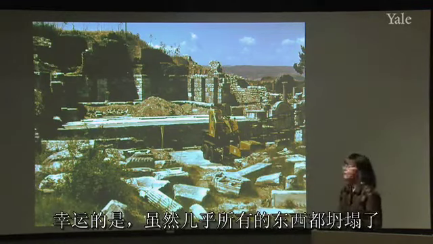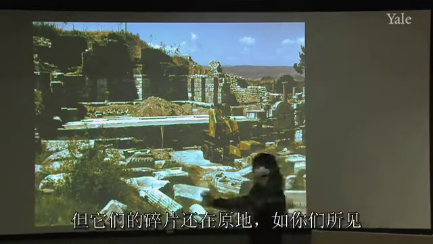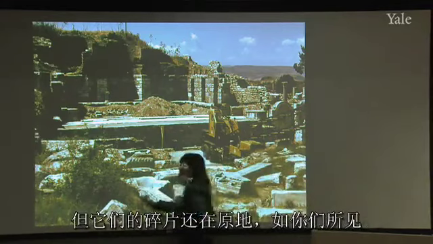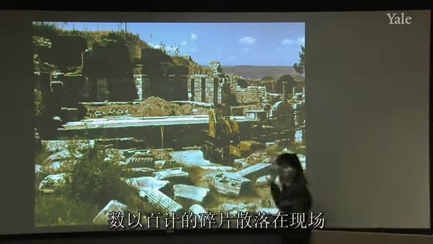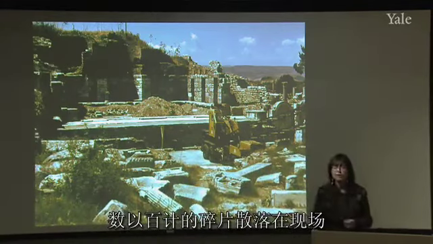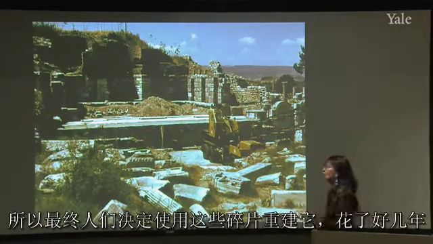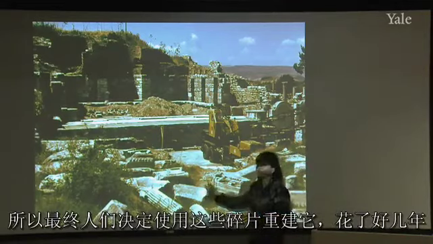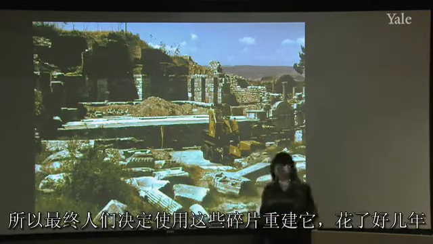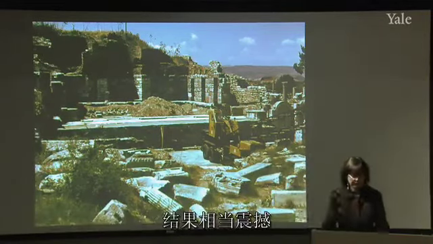But fortunately, even though everything had fallen down, it was all there. As you can see, there were hundreds and hundreds of fragments strewn around the site, and enough fragments so that basically the building was there. And what they eventually decided to do was use those fragments to re-erect it, which took a number of years, and the results have been truly spectacular.